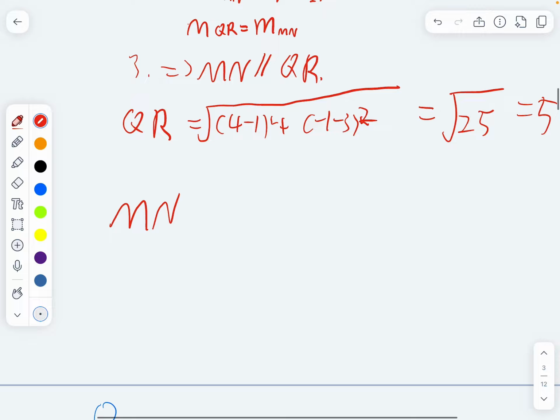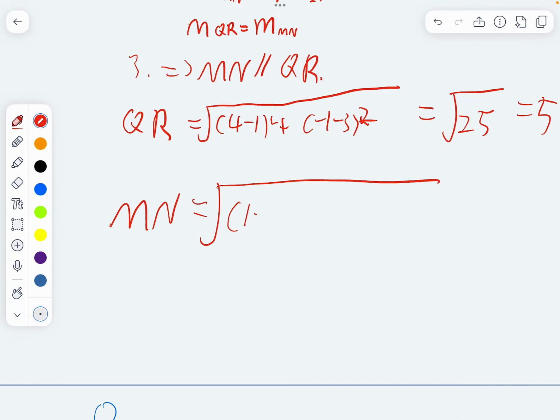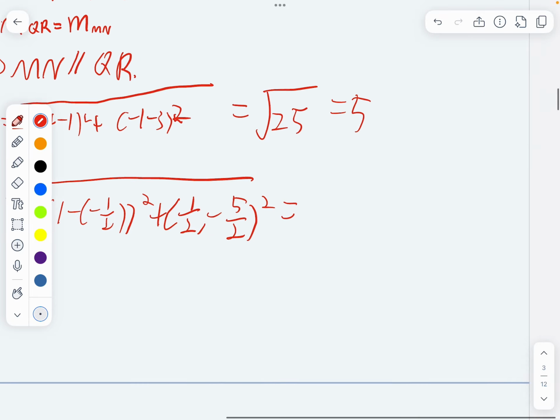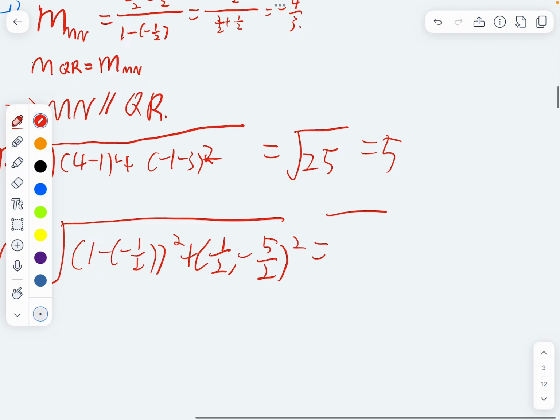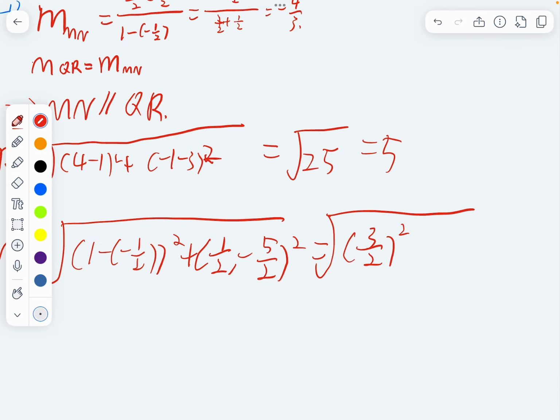MN equals the square root of 3 over 2 squared plus 2 squared, so it equals 5 over 2.